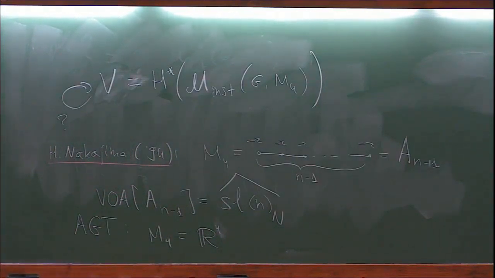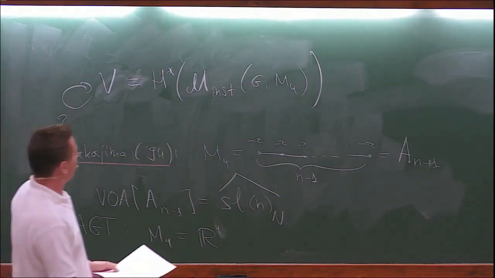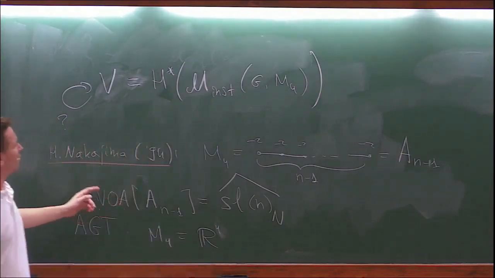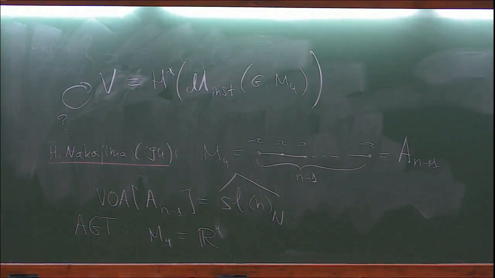Capital N is still on the board. That N, yeah, that N. Right. So therefore, what this VOA from 4 is trying to get at is to answer the question, what algebraic structure acts on instanton moduli spaces?